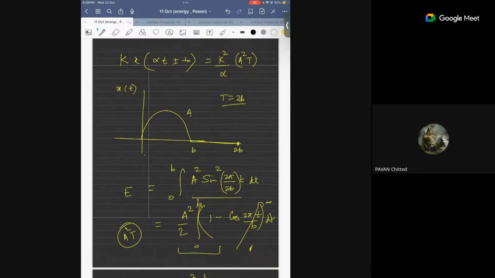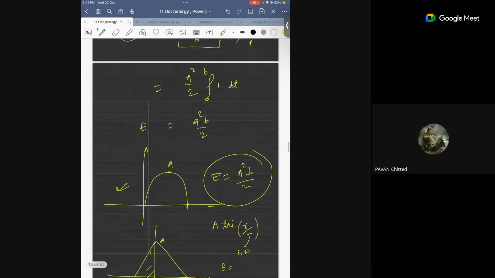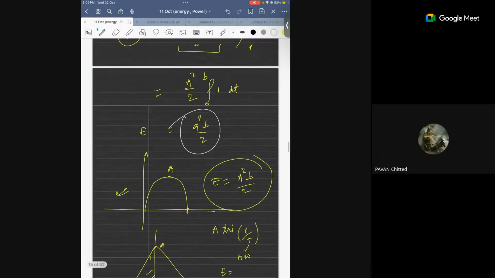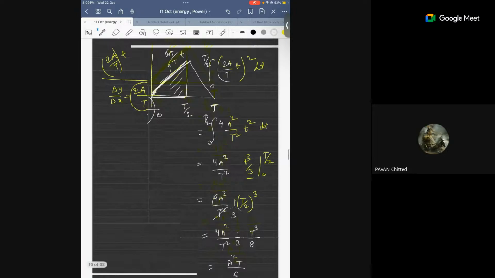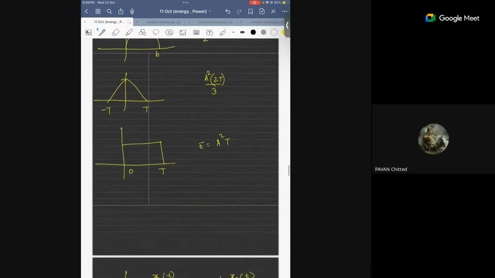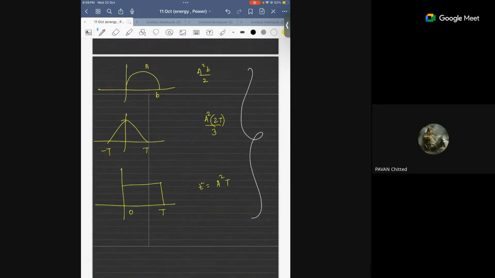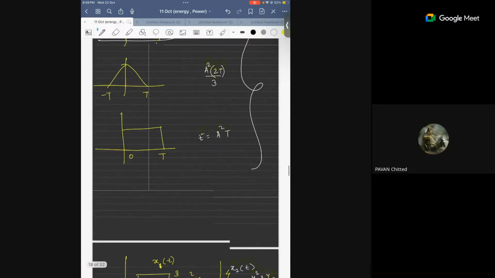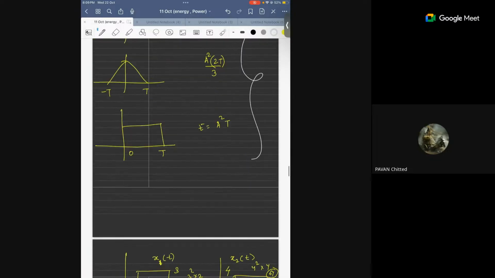And if you have a signal like this, for this also we have calculated, and the energy was A square B by 2. I hope you remember all of it. Three important signals have been written here with their energies. So what can be asked is a trapezium.